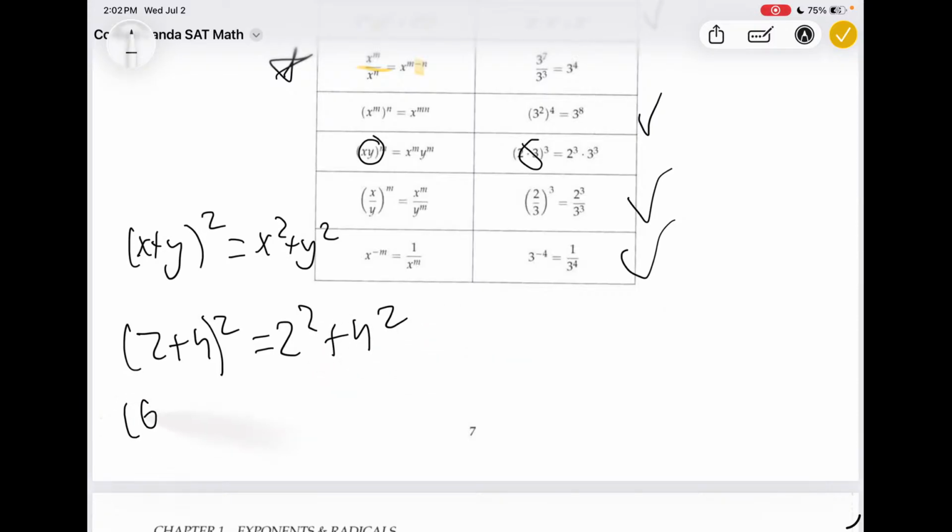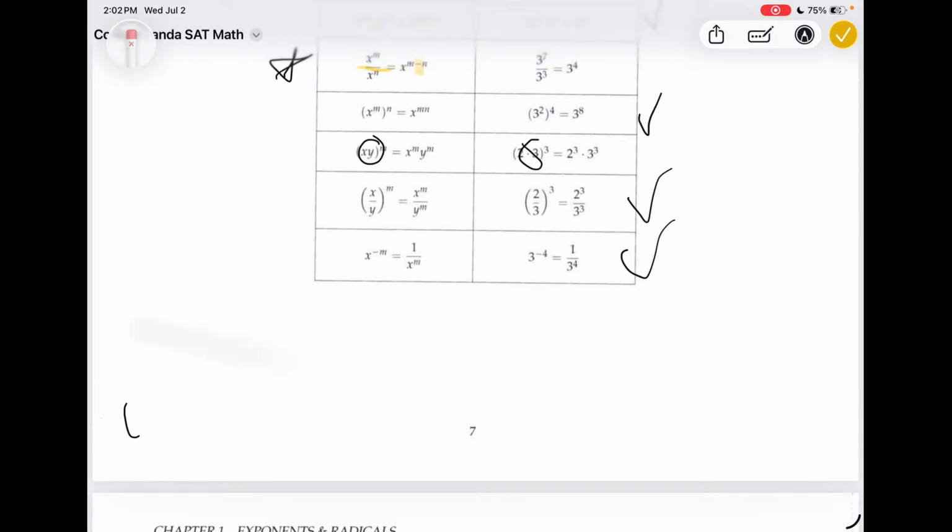So 6 squared is equal to 36. Then 4 plus 16 is not equal to 36, it's equal to 20. Okay, so I guess it only works with multiplication, not with addition. It's good to know.